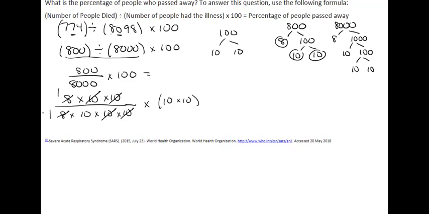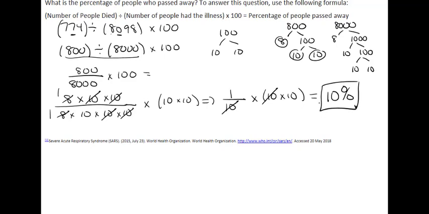So now all of this becomes 1 over 10, and we're going to still multiply it by 100, but we're going to keep it in this factor form of 10 times 10. As you can see, we can cross out that 10 here, cross out that 10 there, as 10 over 10 is equal to 1. So now we're left with 10, which is our final answer: 10% of the people passed away from this illness.